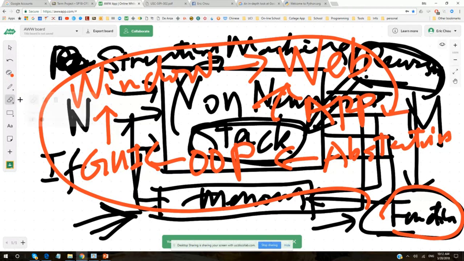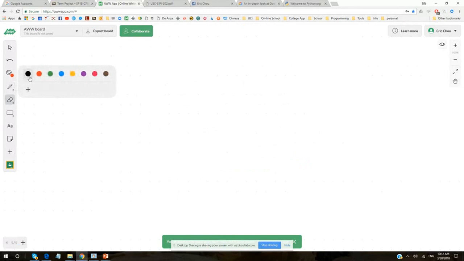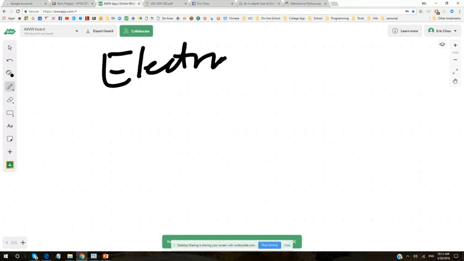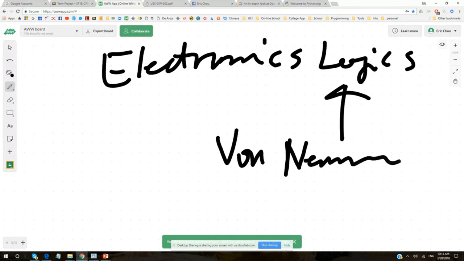And if we trace back to the root, it's coming from electronics, logics. And now, the most important one is this Neumann model. That's why it's so important.